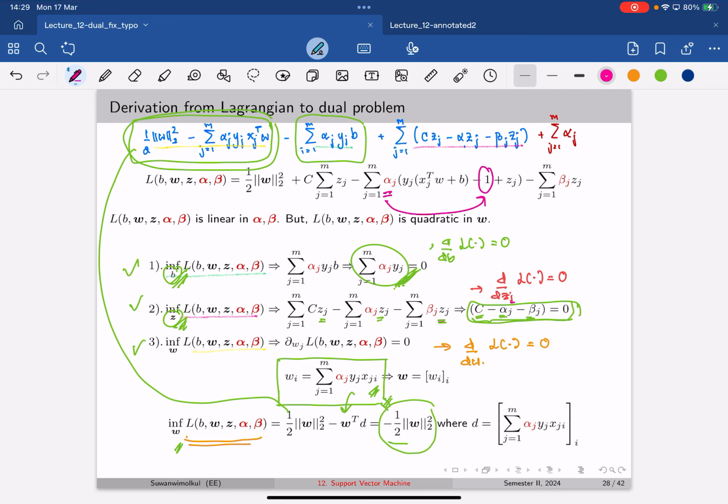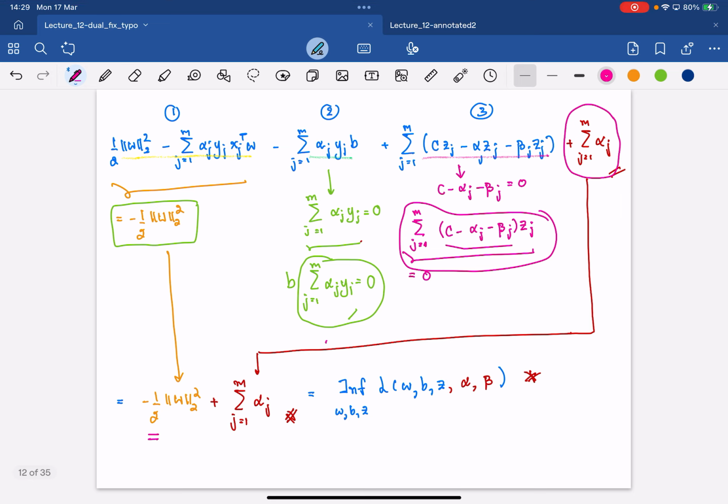But it's a standalone variable that is not tied to B, Z, or W. So when you find the infimum with respect to the primal problem variables, you will not touch this term. That's the only term that was left, and that's why this is the infimum value for your Lagrangian main objective problem.